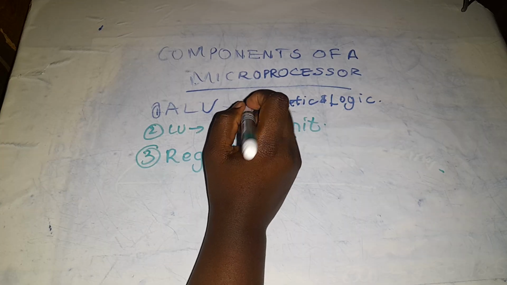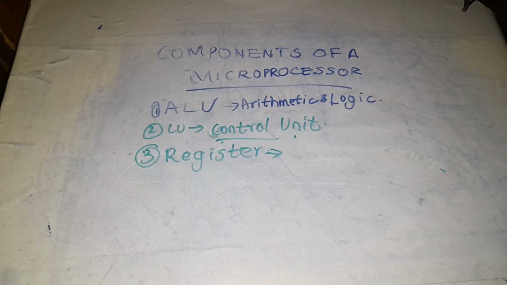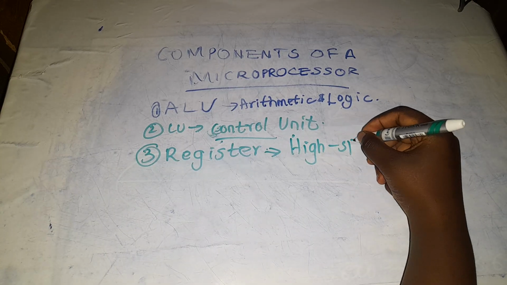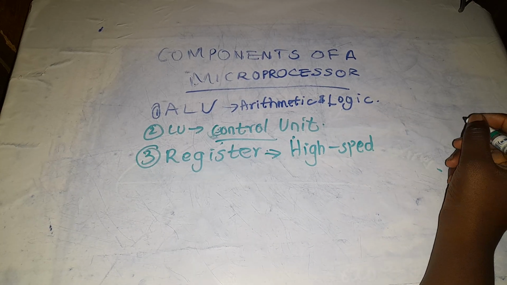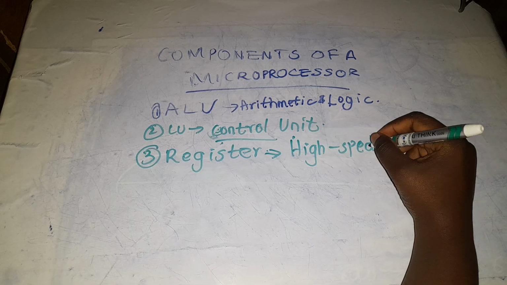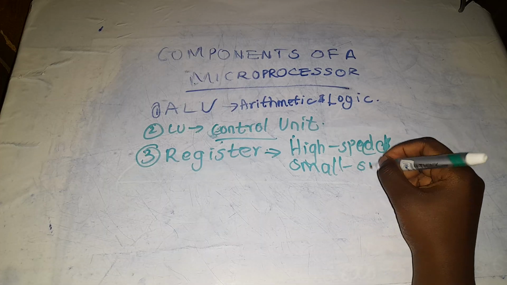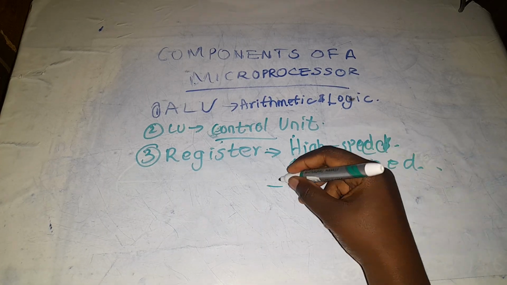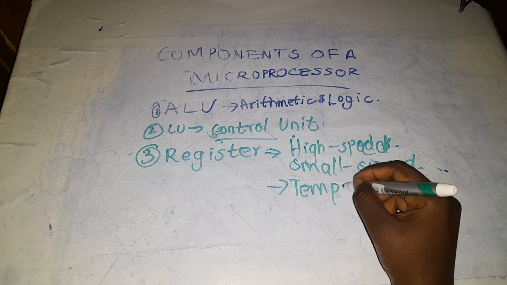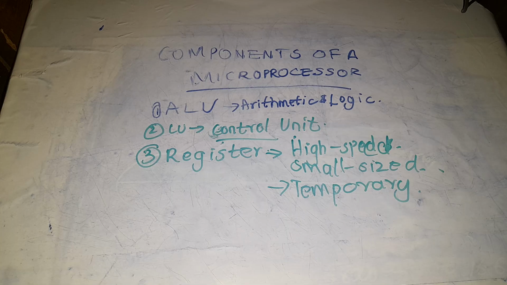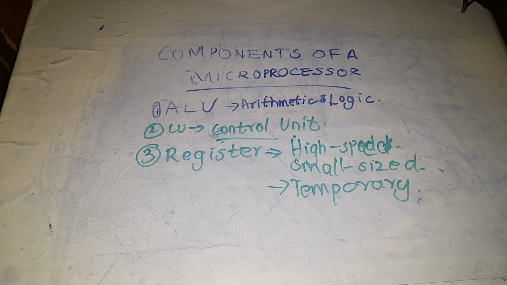A register will behave like a memory: it is high speed, small sized, and very temporary. When we go to the specific 886 microprocessor, we're going to look at the different types of registers.